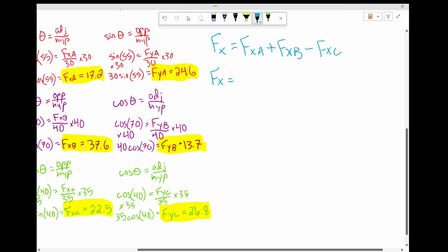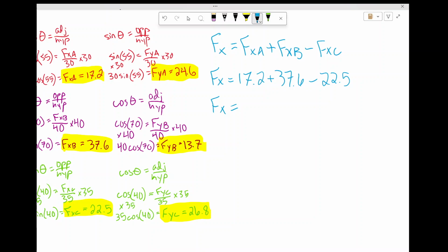And then if we pull those numbers, Fxa, 17.2 plus Fxb, 37.6 minus Fxc, 22.5 gives us an x component of 32.3.